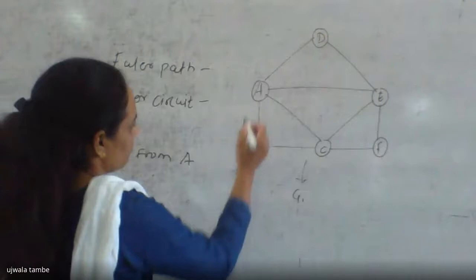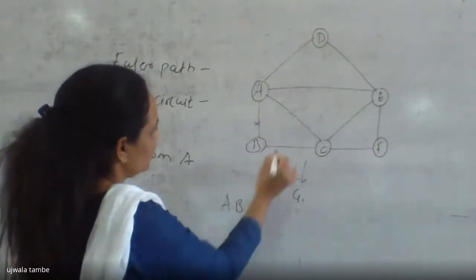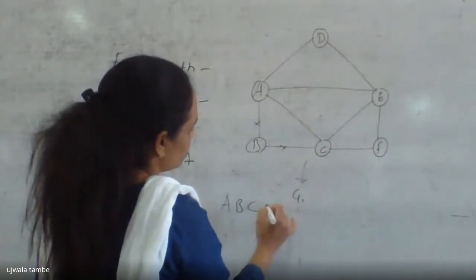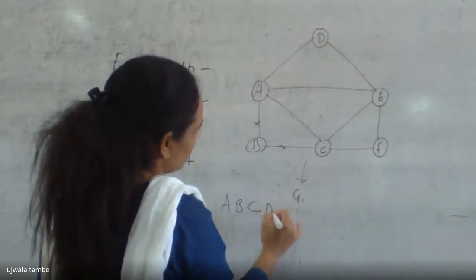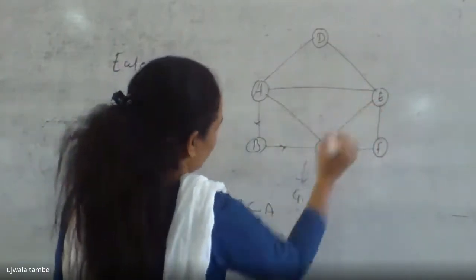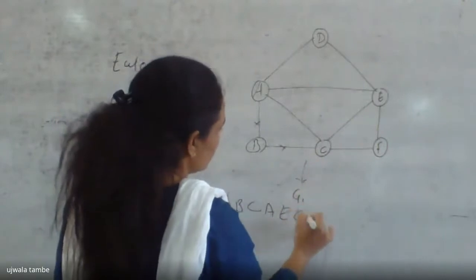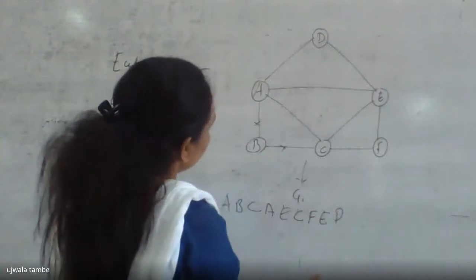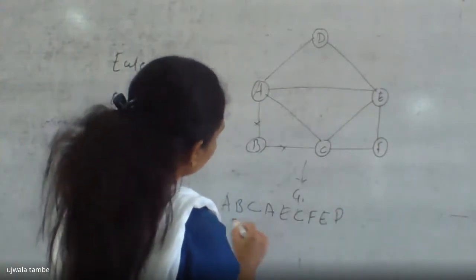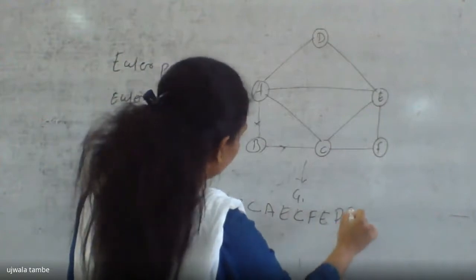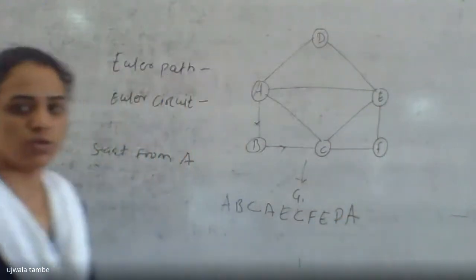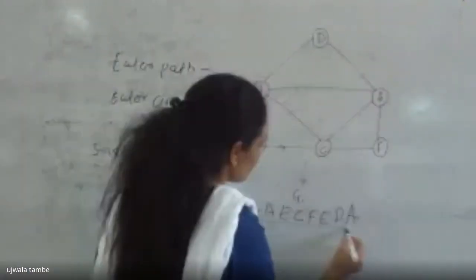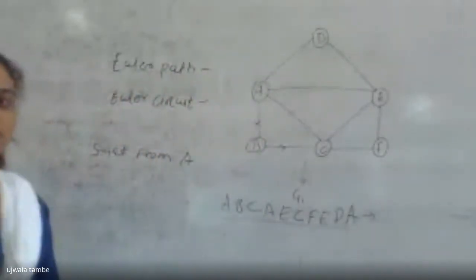So start from A. Suppose A, B, C, then again A, E, C, F, E, D. Whether AD is covered, no. So again we can go to A. So this path gives us an Eulerian circuit, right?